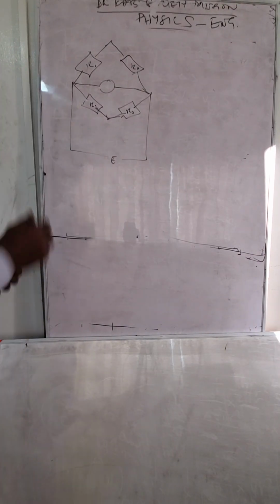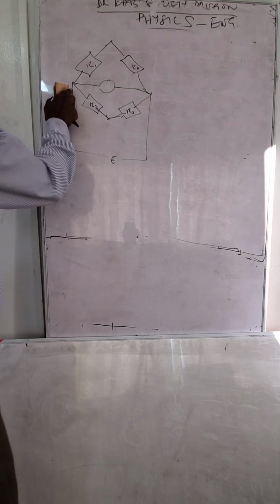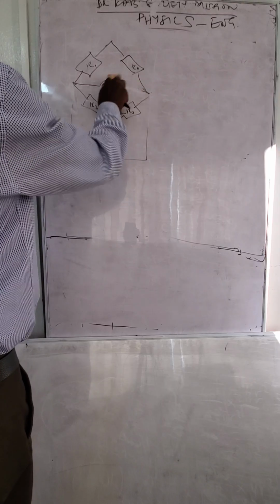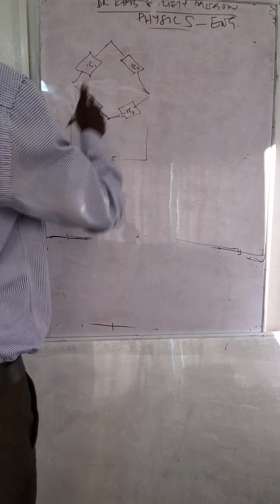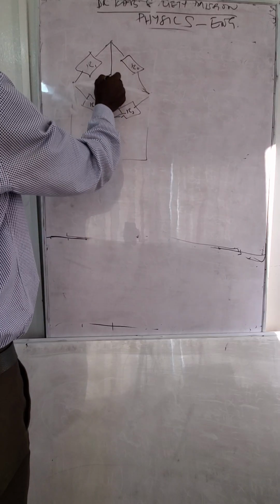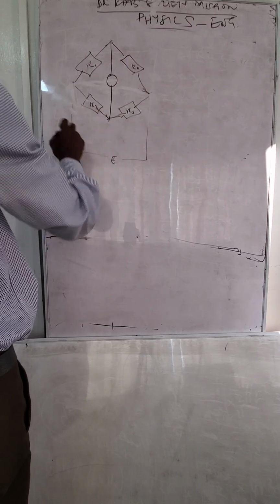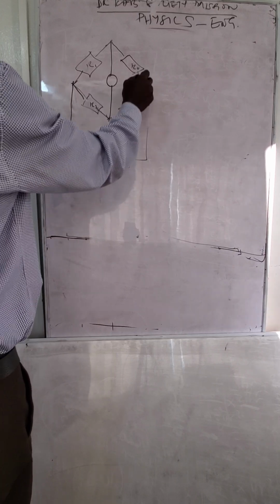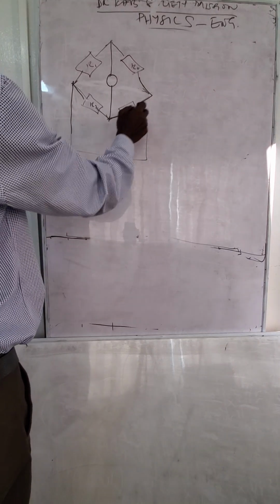Right, so sorry, let's look at our diagram there. We have this one. This is the point. This is measuring the potential difference here, so that the current doesn't go into this one. We have this in the diagram.